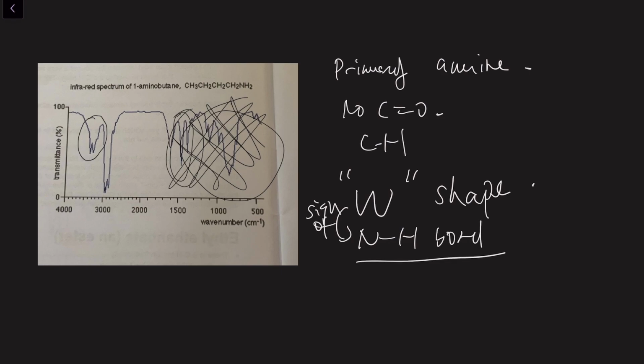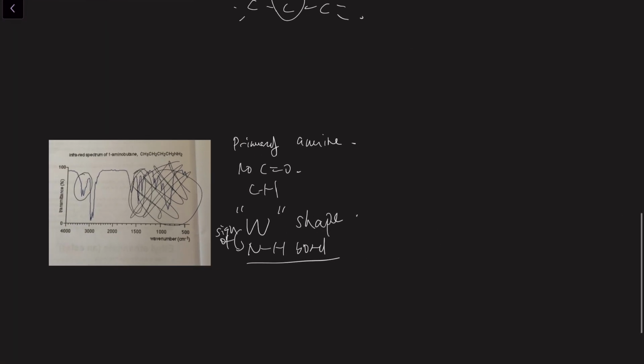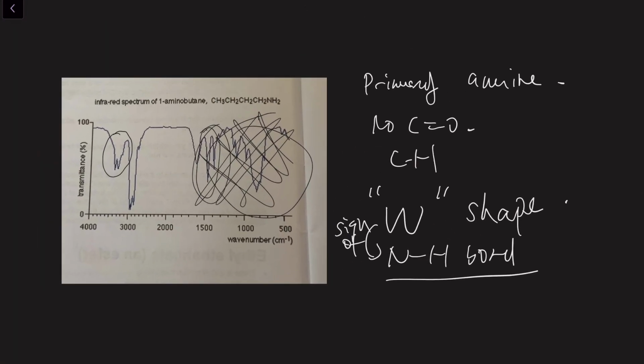So whenever you see this W shape, you know you have the NH bond. If you look at the data book, the NH bond occurs at a wavelength of 3300 to 3500, which also matches with this W shape. So we can tell that it has an NH bond, so it is amine.